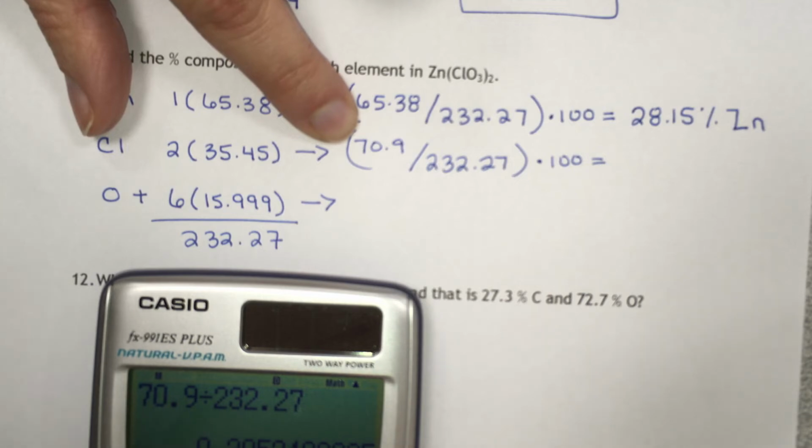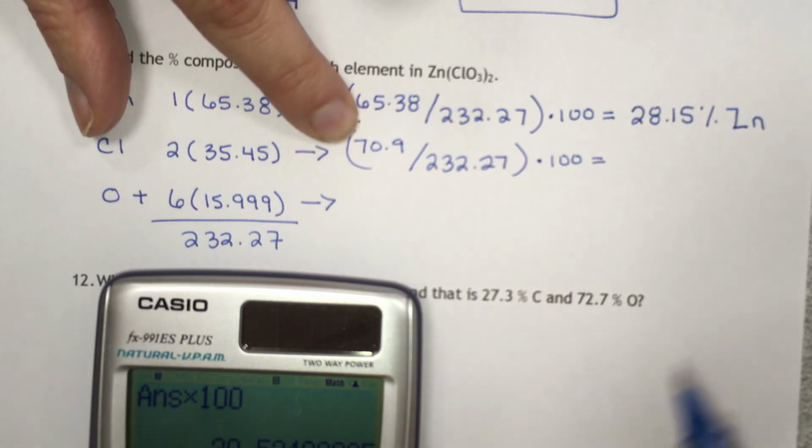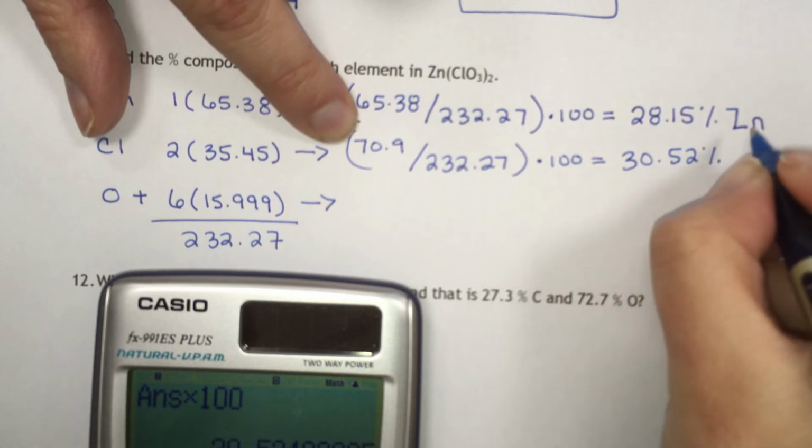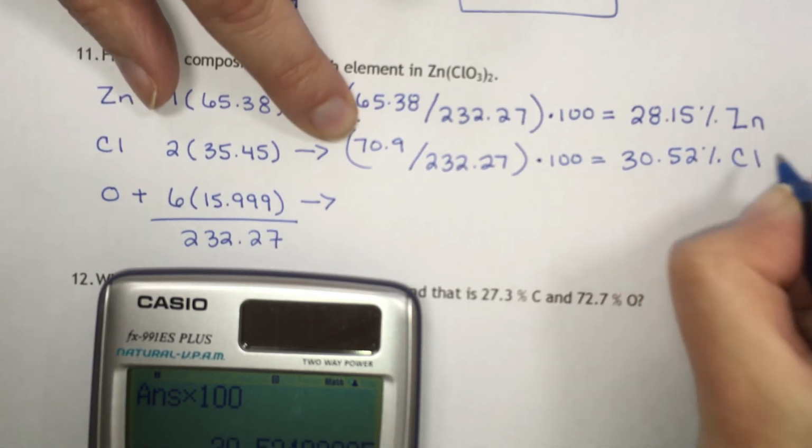So multiplied by 100. So it's 30.52% chlorine.